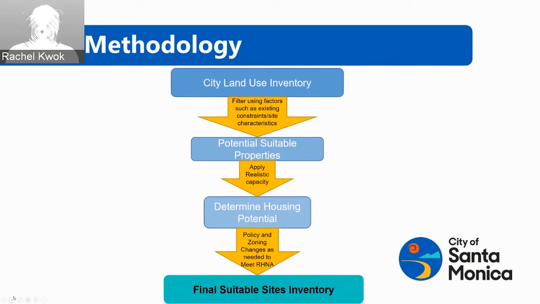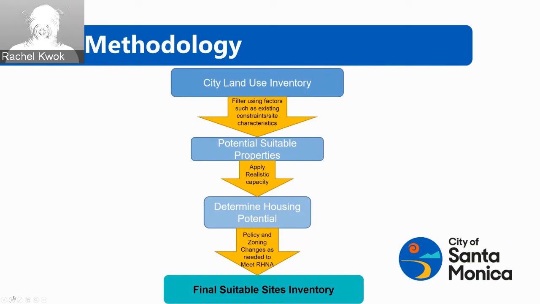For example, whether or not the parcel has a historic landmark on it, or if the site has a hazardous element, either contamination on it. So once we apply these filters, we get to our potential suitable properties.